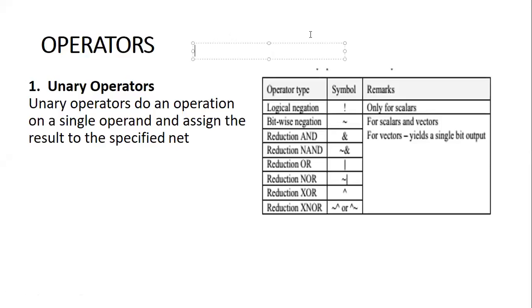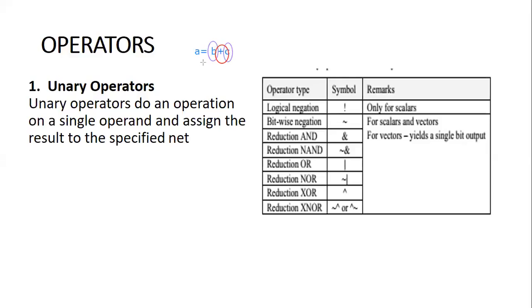If I write A is equal to B plus C, B is an operand, C is an operand, and the plus over here represents the operator. So if I have 2 variables, B plus C, plus is operating on B and C, 2 variables, so that will be a binary operator.